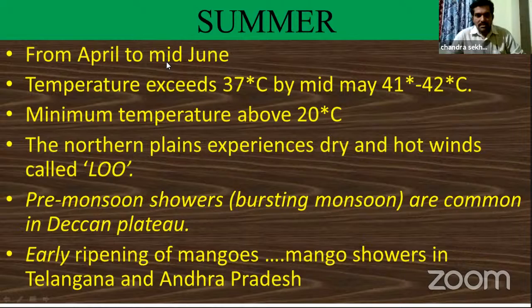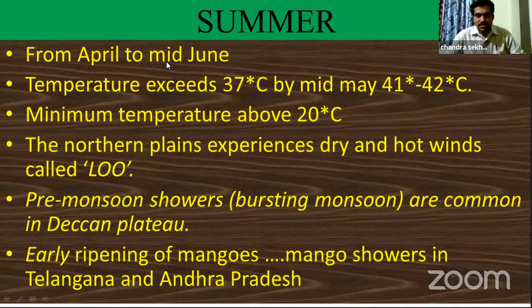It has the highest temperatures in the month of mid-May. The minimum temperature is above 20 degrees Celsius in all the areas in India. The northern plains, the Indo-Gangetic plain, experience dry and hot winds called Lu.